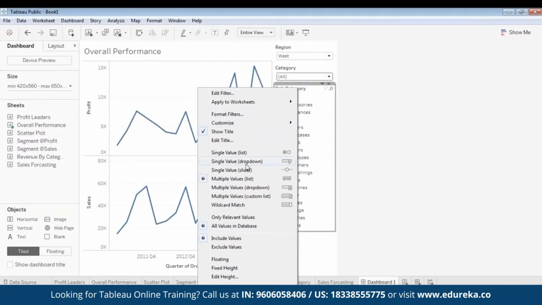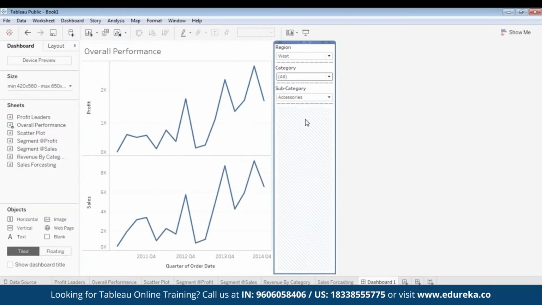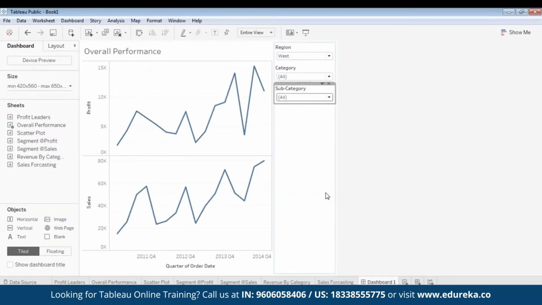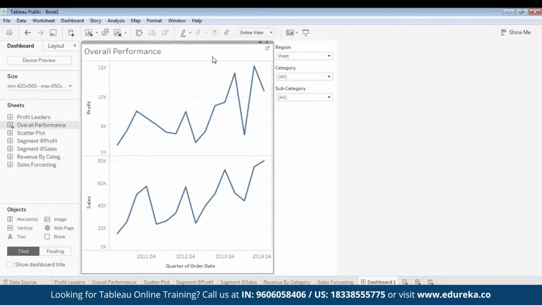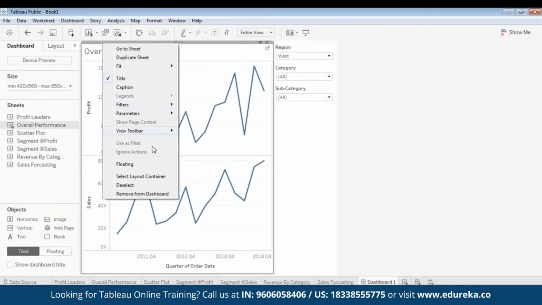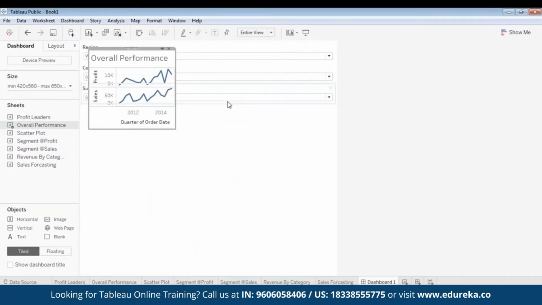Subcategory also, I will select drop down. By default, when you're dragging your sheet over here, everything will be in tiled mode. I will right click on the sheet and select floating because I want to resize everything.